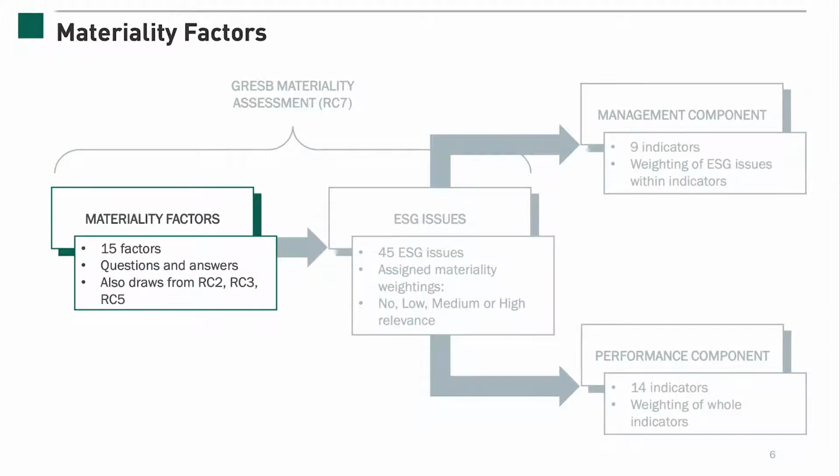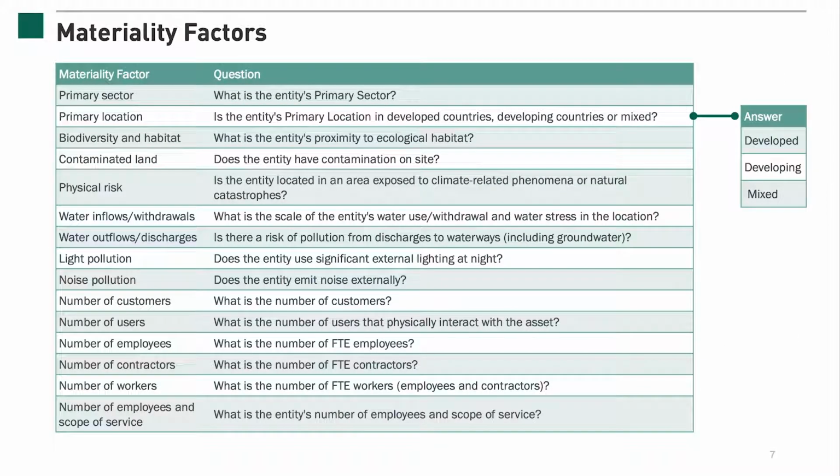The first part of the process is contained within the Gras Materiality Assessment Indicator, RC7. In this indicator, a set of 15 simple questions relating to materiality factors are answered using simple drop-down selections. The factors include, for example, the primary sector of the asset, its primary location, whether it is on contaminated land, and the number of customers it serves.